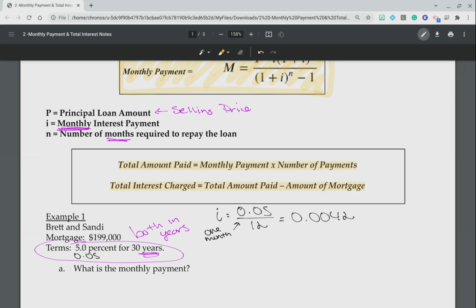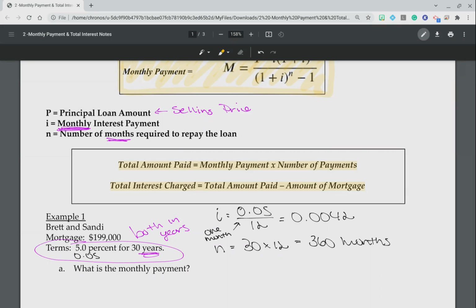So again, that's what I'm going to use for my I. Now my N, again, they gave me 30 years, but I need to figure out how much that's going to be in total months. So I'm going to take my 30 years and multiply it by 12, which tells me I'm going to pay this off in 360 months.